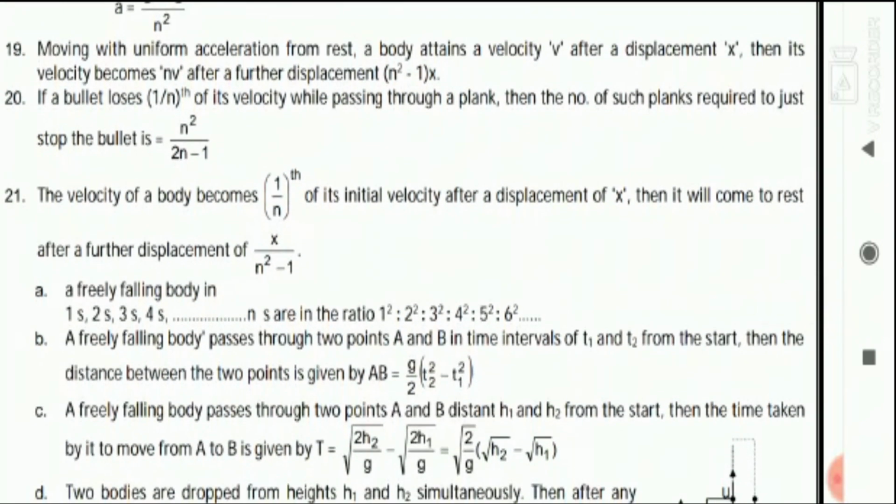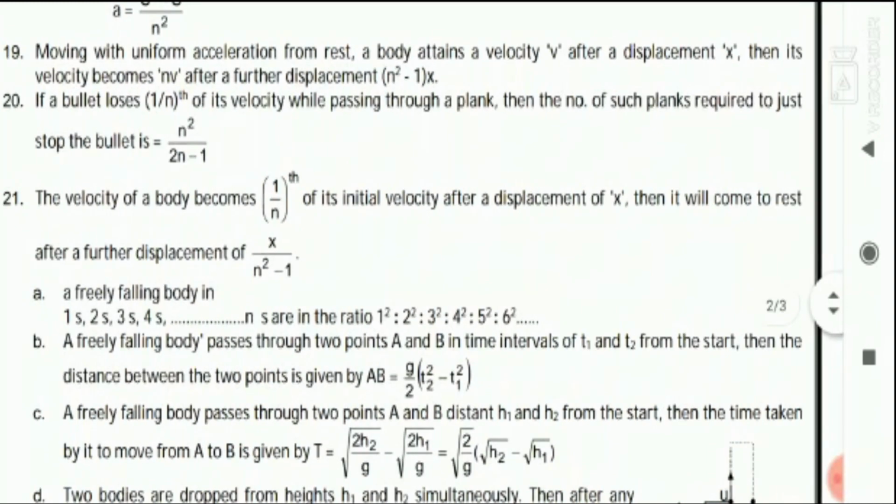A bullet loses 1 by nth of its velocity while passing through a plank. The number of such planks required to just stop the bullet is equal to n square by 2n minus 1. So when it is passing through a plank, it loses some velocity as the plank opposes its motion.